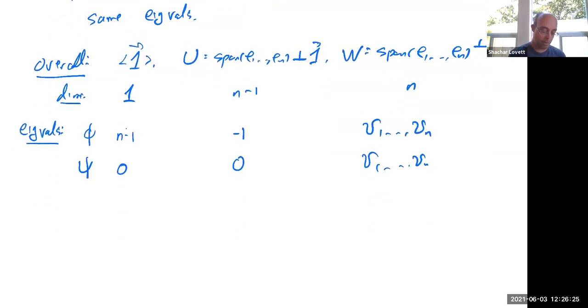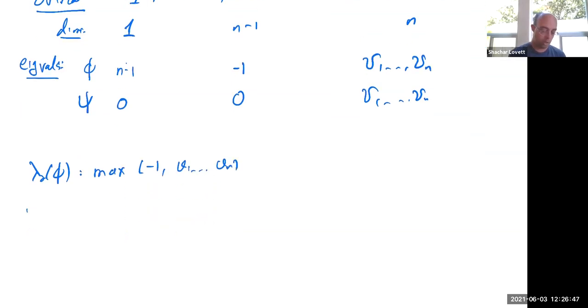So if we think about what lambda 2 of phi is, well, it's going to be the maximum of all the eigenvalues except for the top one. The top one is the first one, n-1. All the rest are between 1 and -1. So it's going to be the maximum of -1, mu1 up to mu n. What's the norm of psi?